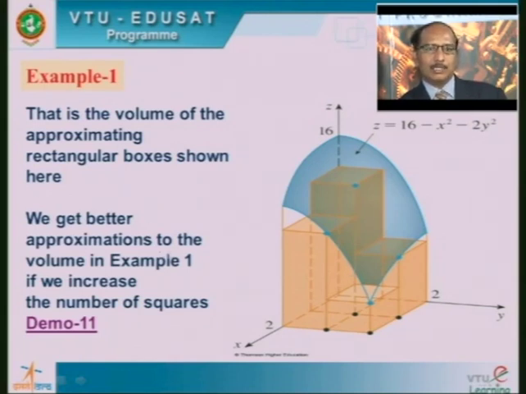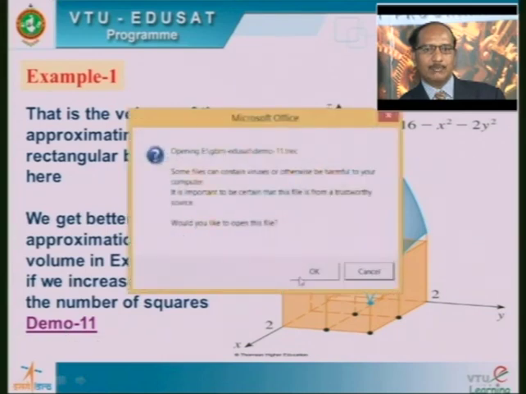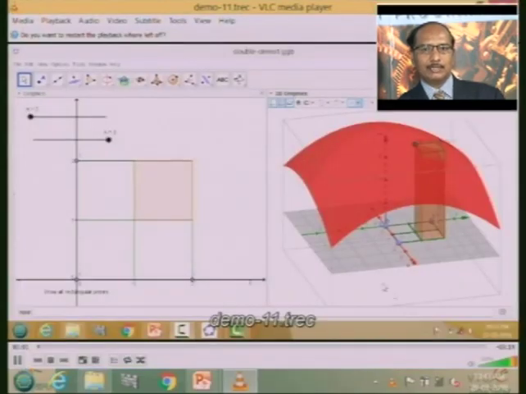We get a better approximation to the volume in this example if we increase the number of squares. I have shown this through GeoGebra. You can see this demonstration.